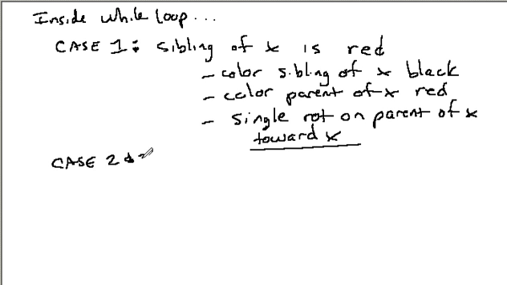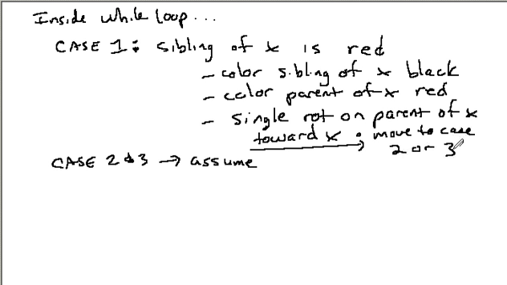So now, case 2 and 3, we will assume. We will move here to case 2 or 3. Just so you know, we don't stop there. Now for case 2 and 3, we assume X's sibling is black. If it had been red, we would have done case 1 and fixed that. So when we hit case 2 and 3, it's a given that X's sibling is black.